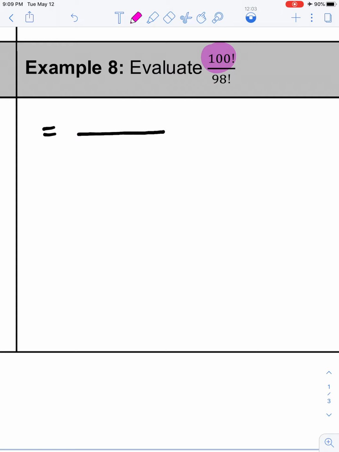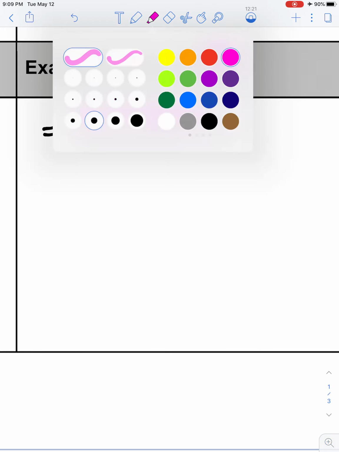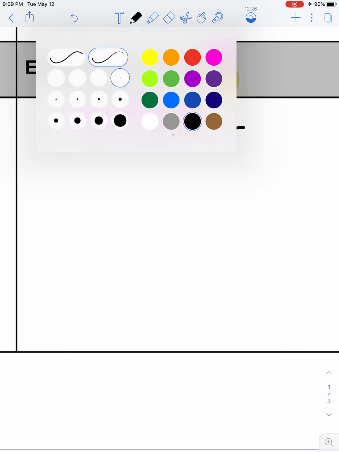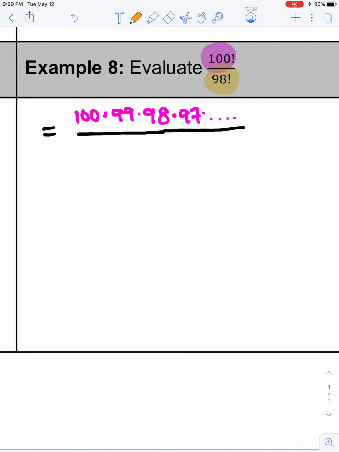So I know that 100 factorial is definitely 100 times 99 times 98 times 97, and I think we get the idea, right? We're going to decrease all those factors all the way down to 1, but I do not recommend actually writing that out. So if you'll notice, we're about to collect a lot of common factors in the denominator when we expand 98 factorial.